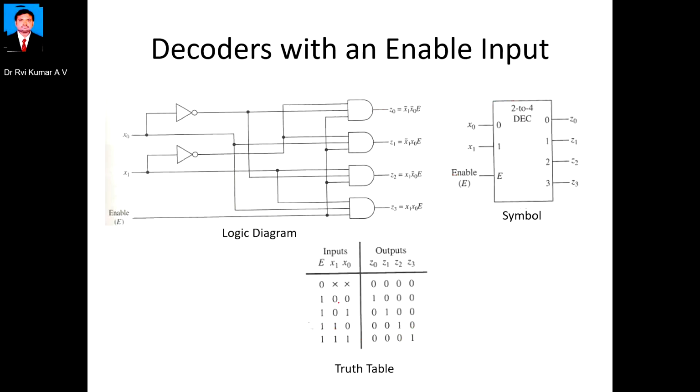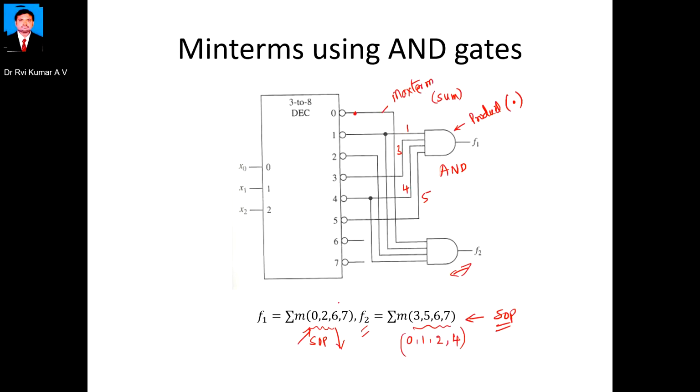So here, let's say I'll take f3, implementing pi of m of 3 4 and 5. Here it is all in POS form, product of sums.